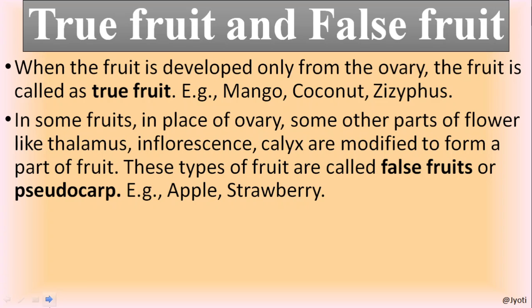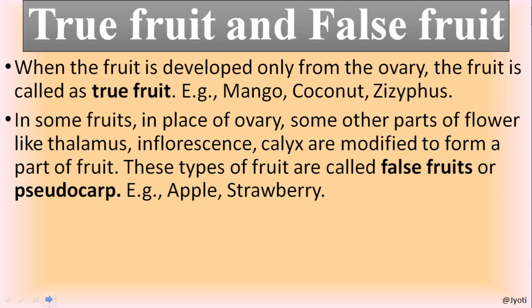Ovary is a must, but along with the ovary, the formation of fruit takes place from the accessory parts. Then it is called false fruit or pseudocarp.